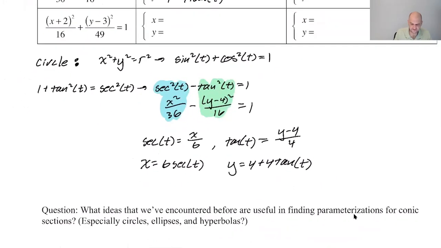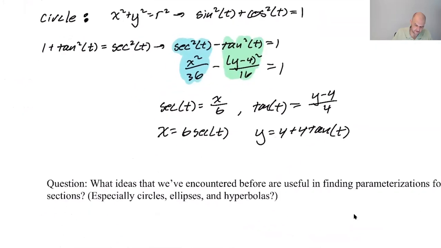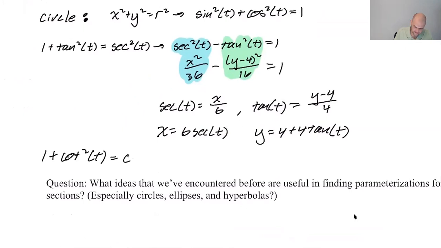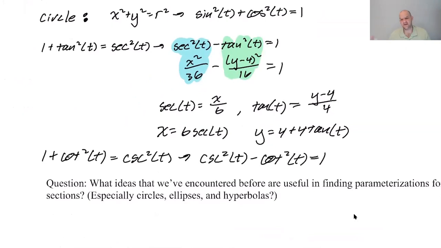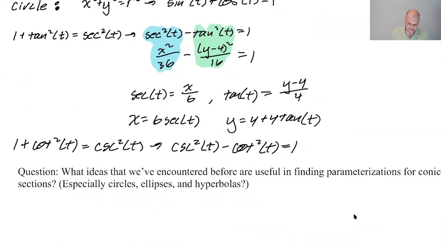Well, do we know another thing that we could use? We do. We know that 1 plus cotangent squared equals cosecant squared, which means that cosecant squared minus cotangent squared also equals 1. Okay, so if that's true, we can do the same sort of comparisons.